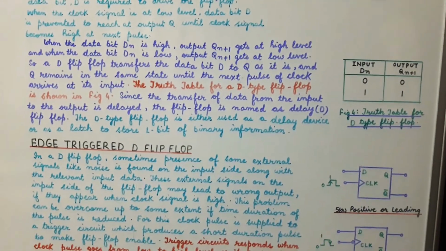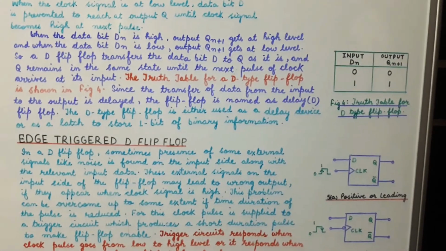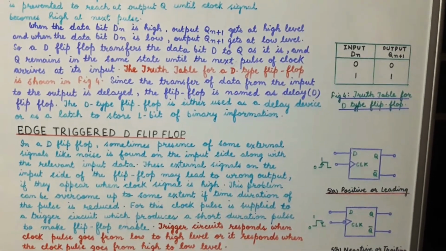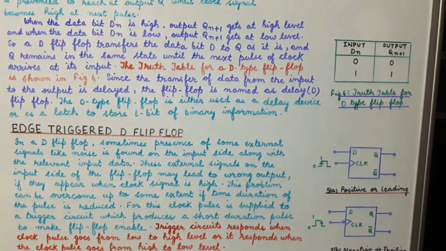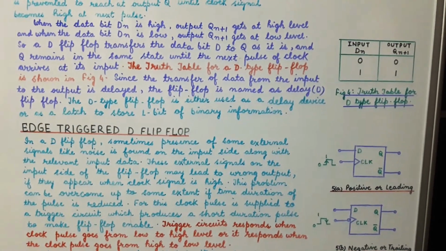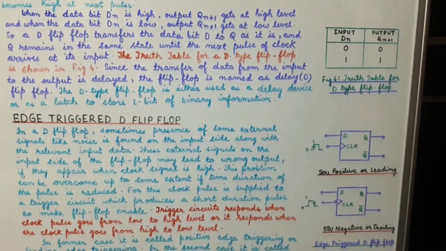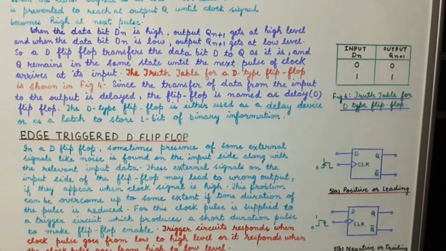In a D type of flip-flop, sometimes presence of some external signals like noise is found on the input side along with the relevant input data. कभी कभी क्या होता है कि इनपुट डाटा के साथ कुछ एक्सटर्नल सिग्नल्स भी जैसे कि नॉइज़ भी प्रेजेंट होता है.